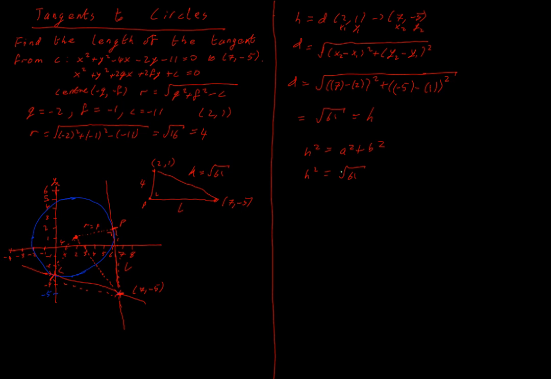h squared, root 61 to be squared, is equal to 4 squared plus L squared. So 61 is equal to 16 plus L squared. L squared is equal to 45. And L is going to be equal to the square root of 45.